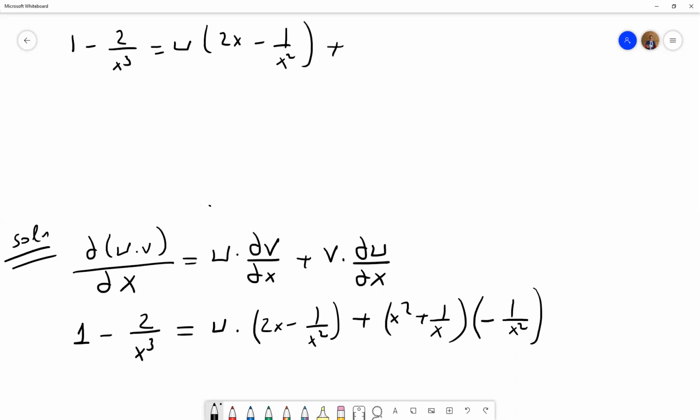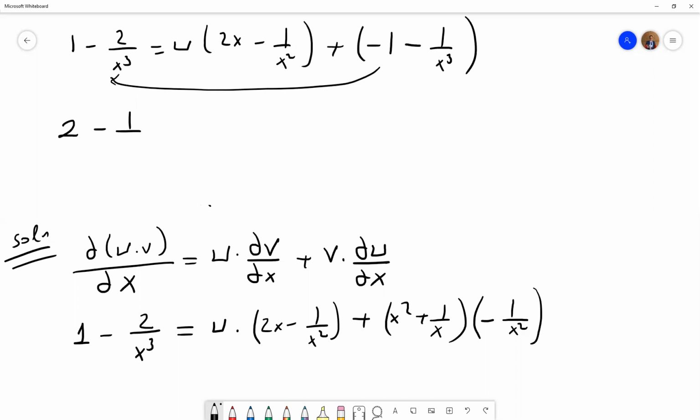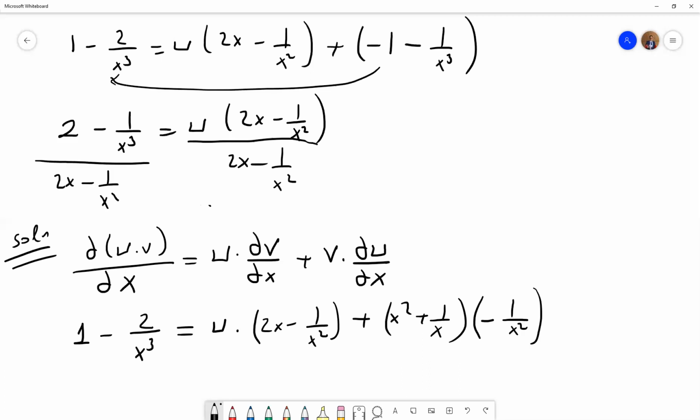And here we have minus 1 over x cubed, and we put this one to the left. 2 minus 1 over x cubed is equal to u multiplied by 2x minus 1 over x squared. And to find u, we divide by 2x minus 1 over x squared.